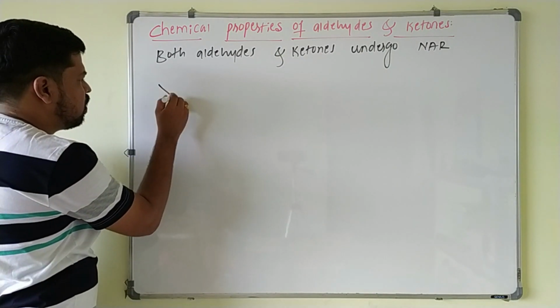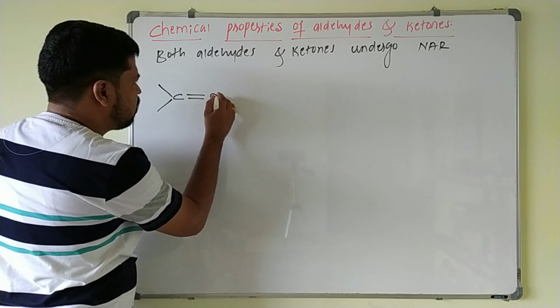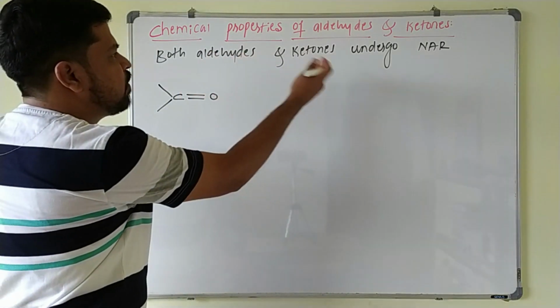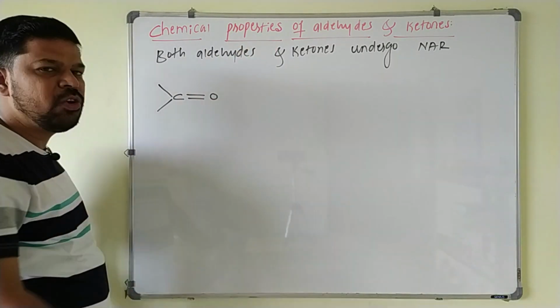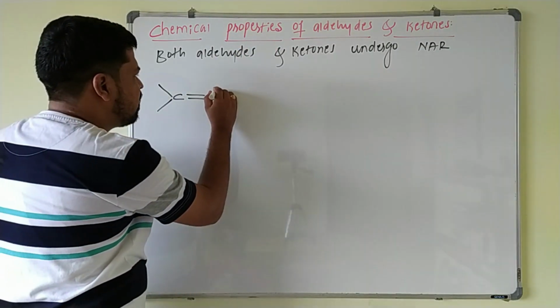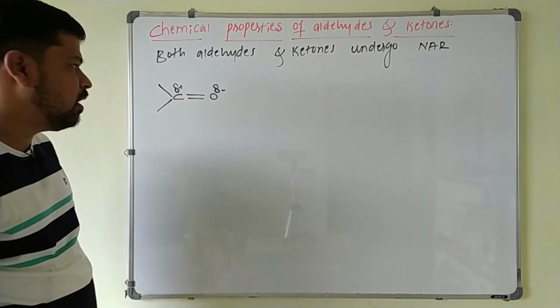This carbonyl group is present in the aldehyde as well as what? Ketones. Both are carbonyl compounds only. Always they will undergo what? Nucleophilic addition reaction, where this is your partial negative charge and this carbonyl carbon is having a partial positive charge.